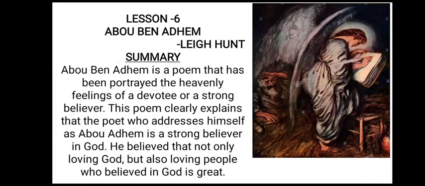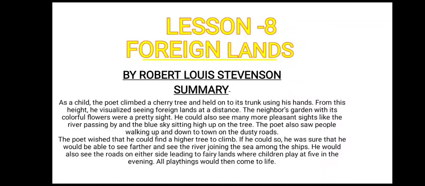Now let us talk about your next lesson, next chapter, that is lesson 8, Foreign Land. Again, this is a beautiful poetry which is written by Robert Louis Stevenson. As a child, the poet climbed a cherry tree and held on to its trunk using his hands.